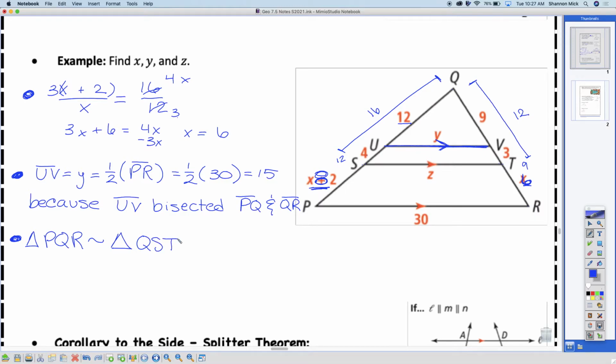Don't I know that? So the big triangle is similar to this one in here, isn't it? I know that. So if I know that, how can I find Z?